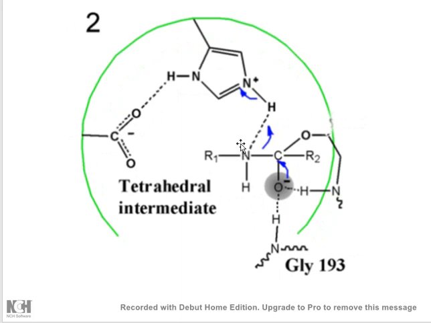So the lone electron pair of nitrogen becomes available for protonation, and it gets a proton from the nearby histidine residue.